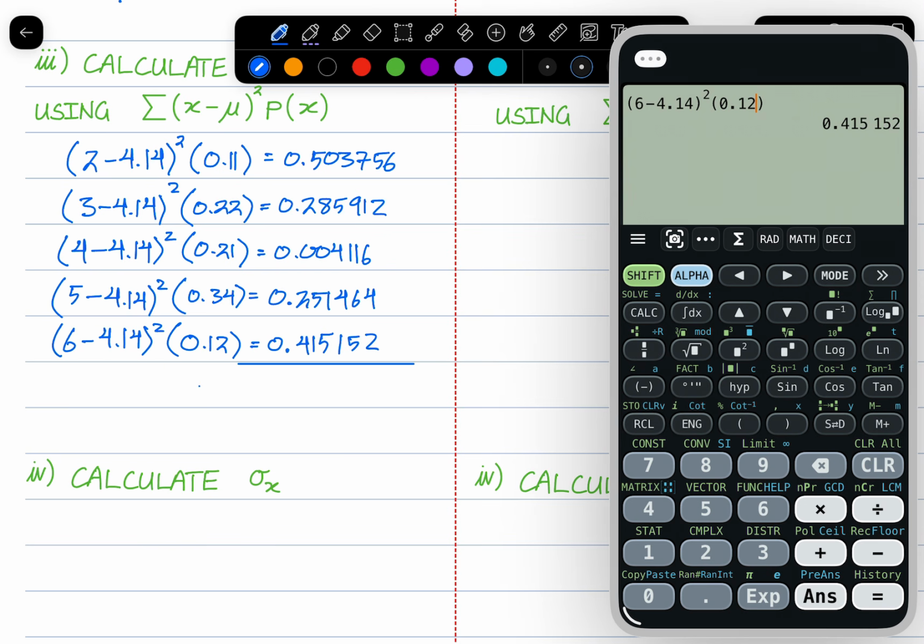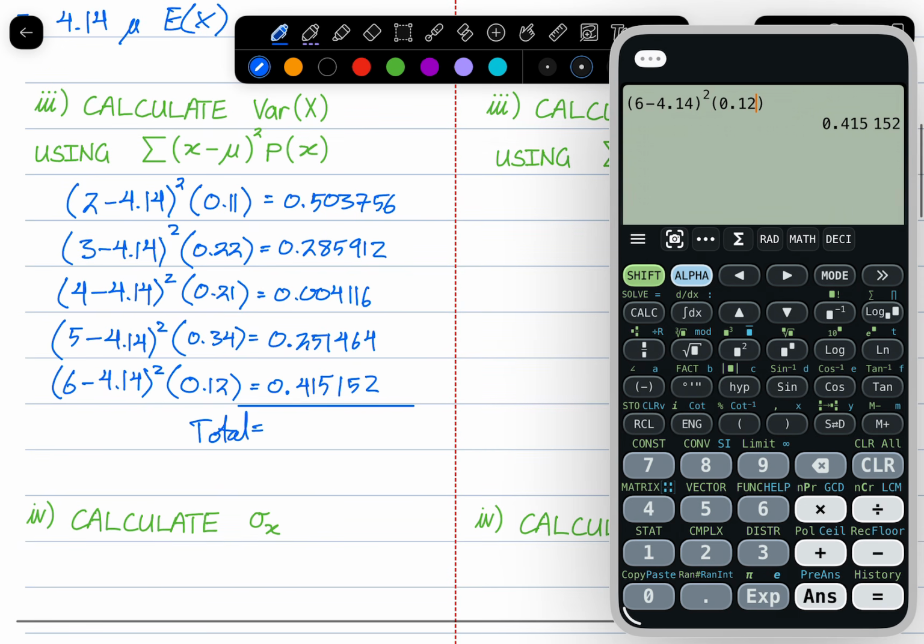Now we just simply take the total of this. Good. And from this point, just chuck it onto your calculator.